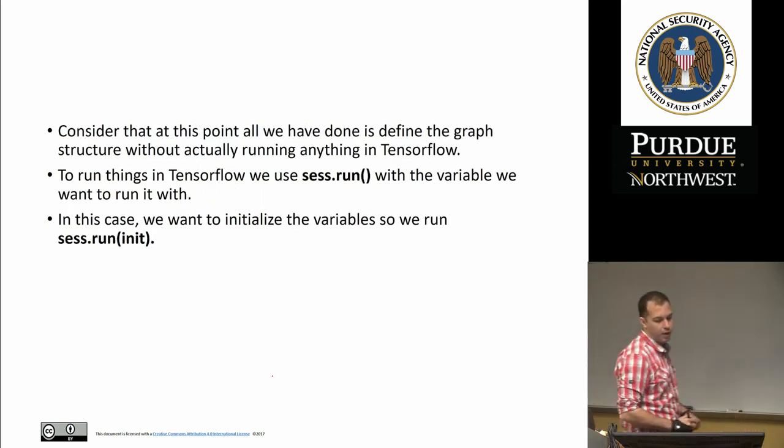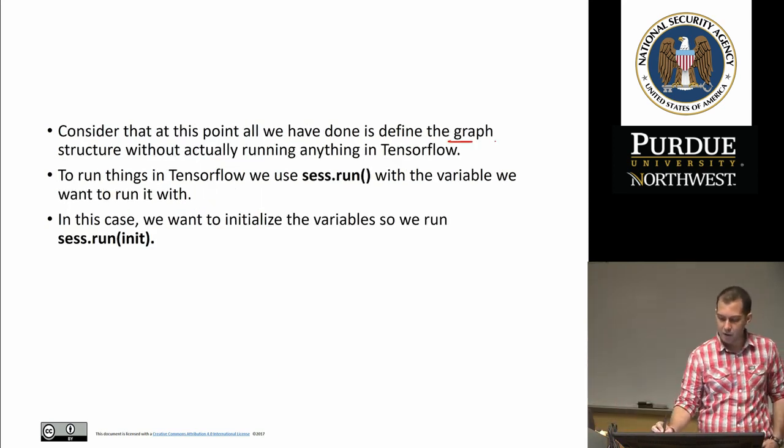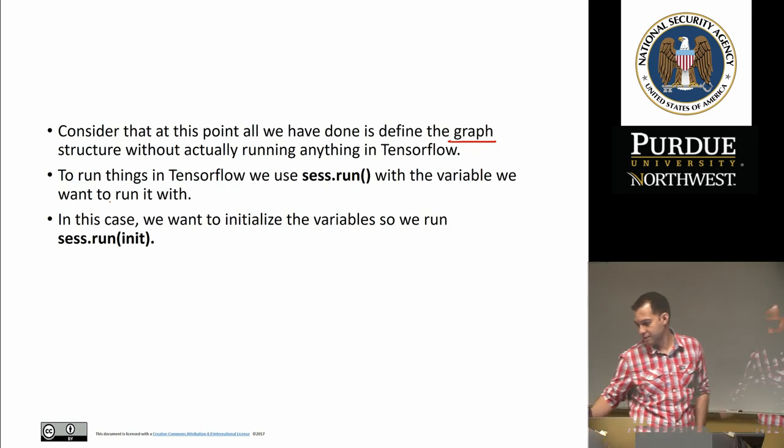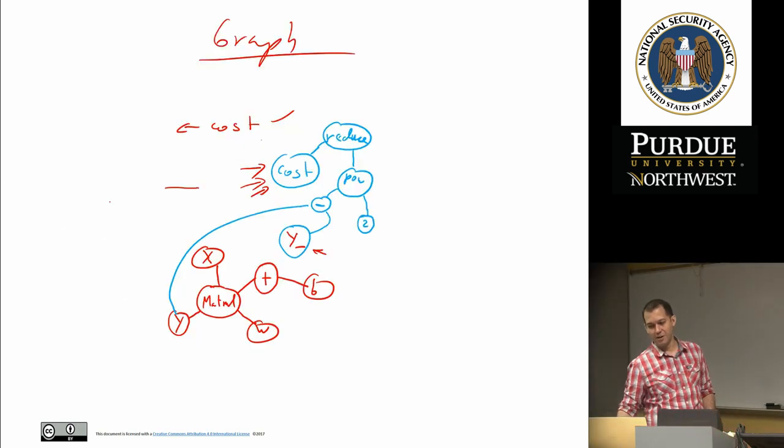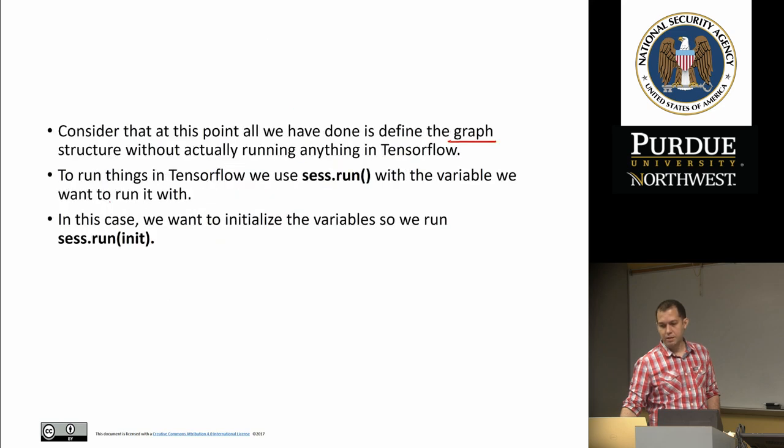Consider that at this point, all we have done is define the graph, although it's a beautiful graph. It took a lot of work just to get this. But this is all we've done. We haven't actually trained anything. We haven't tested anything. We haven't even run our data, but we have this amazing looking graph.